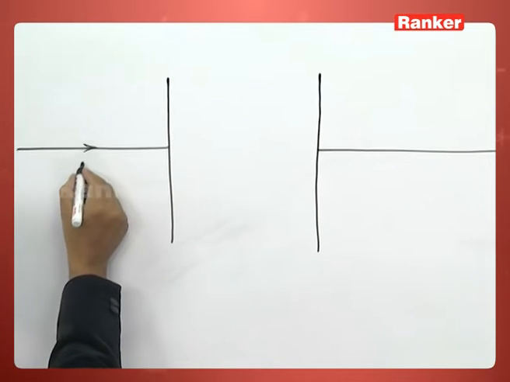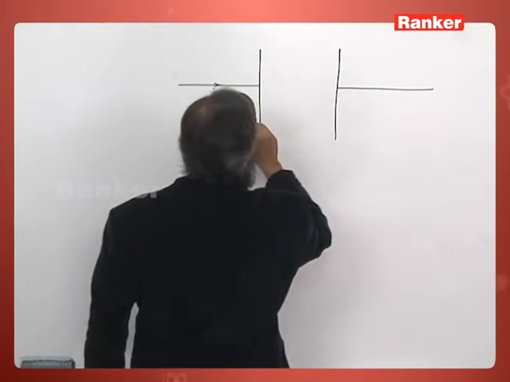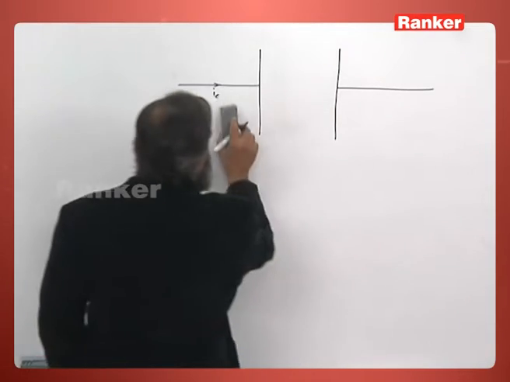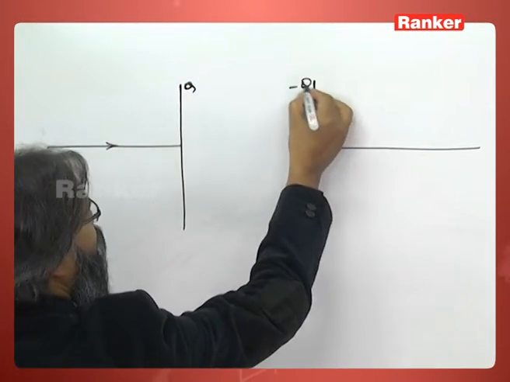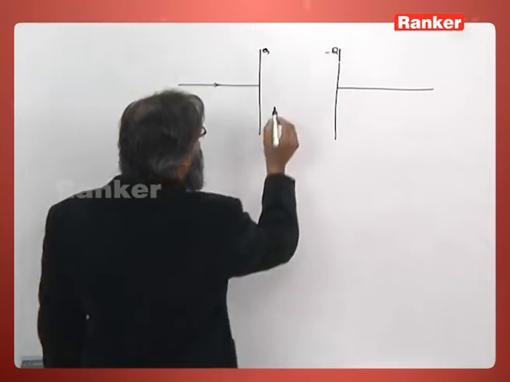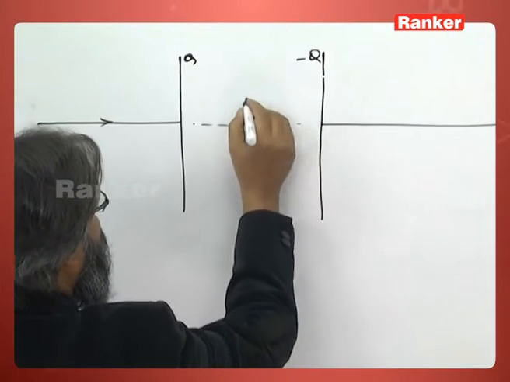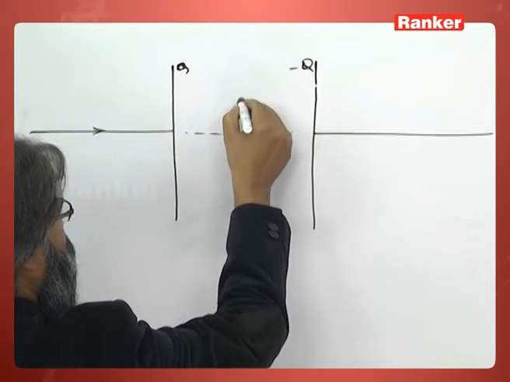So, you see this is I C, some current is flowing, and suppose at some instant the charge is Q and minus Q. I am interested in calculating the magnetic field at this place.